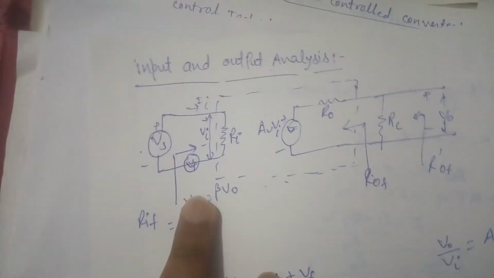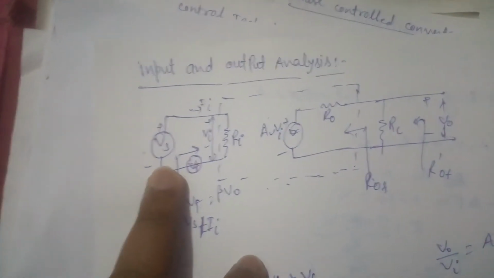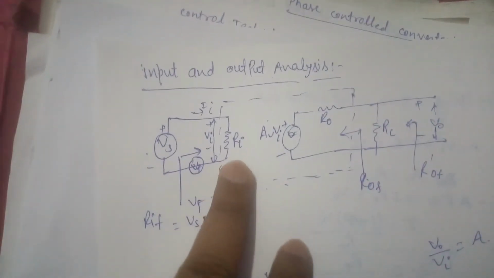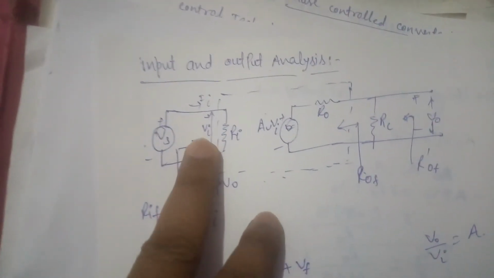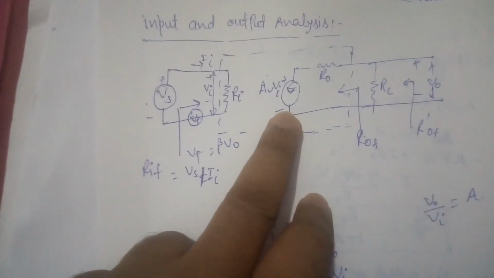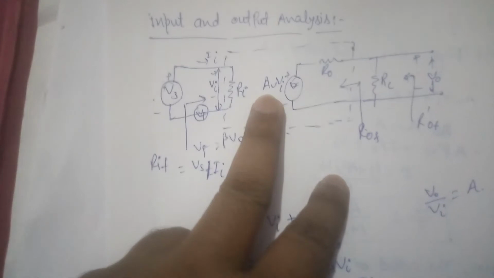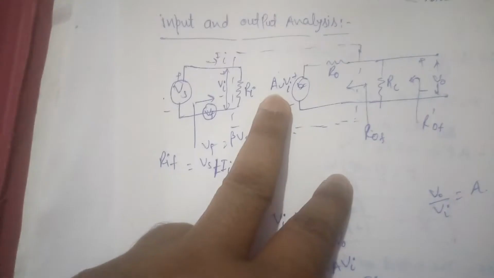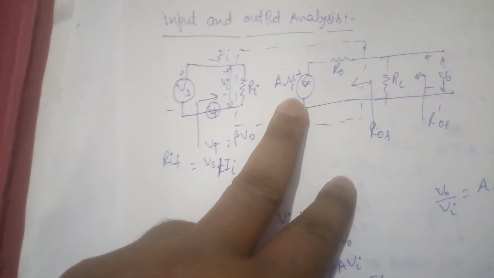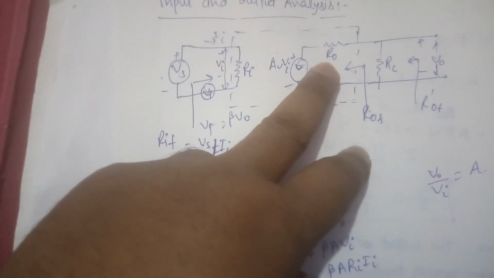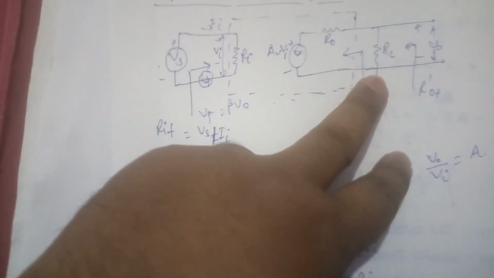Here we connected the voltage source and the input resistance Ri, this is the input voltage Vi, this is the open loop voltage gain A, and this is R naught and this is RL.